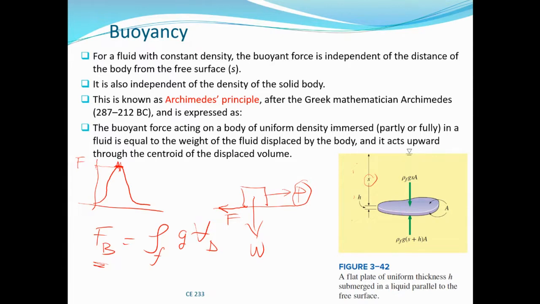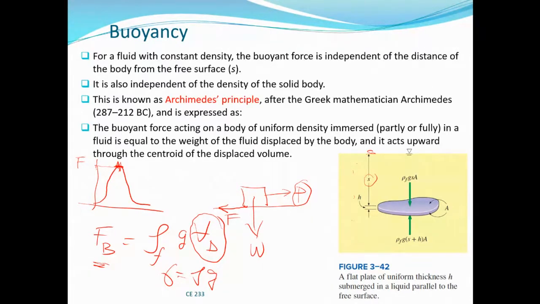But once the object is fully immersed inside the liquid, then the buoyant force does not depend on the distance from the surface of the liquid at all. Okay, it only depends on the volume of the displaced liquid, because the specific weight, which is rho g, is a constant. So the only variable is the volume of the displaced liquid.